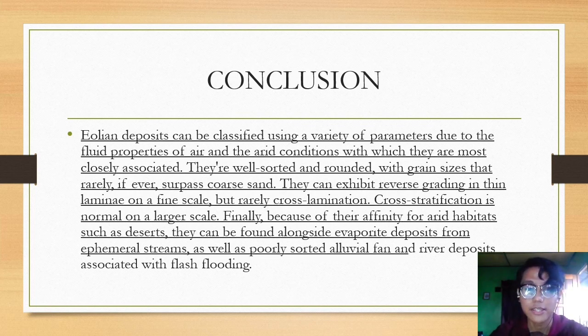Cross stratification is normal on a large scale, and finally, because of their affinity for arid habitats such as deserts and erg, they can be found alongside evaporite deposits from ephemeral streams, as well as the poorly sorted alluvial fan and river deposits associated with flash flooding.